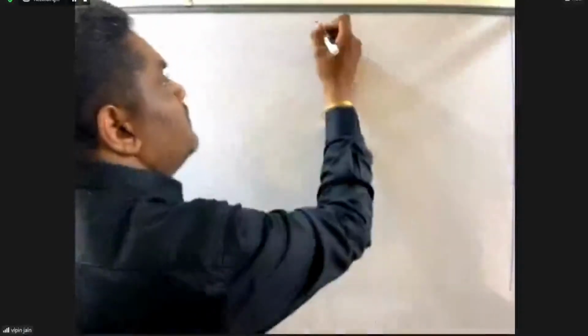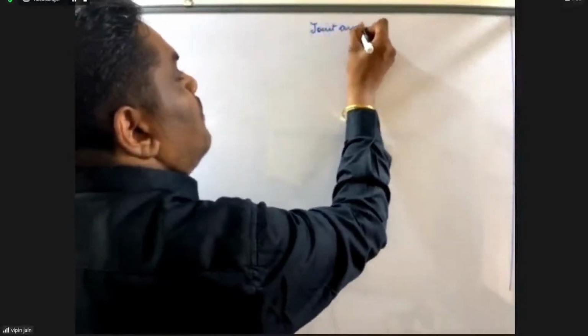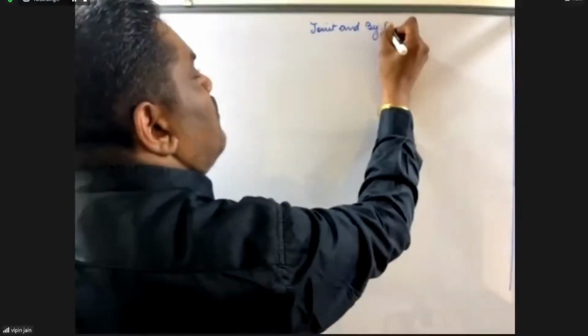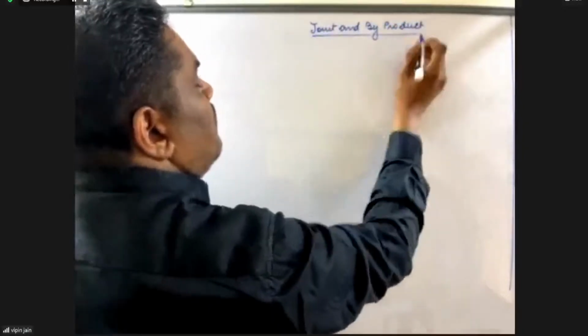So let's start with altogether a new chapter that is joint and byproduct. I hope you guys are thorough with the concept of process costing.